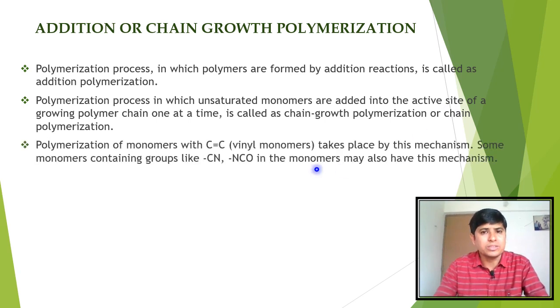Polymerization of monomers with a carbon-carbon double bond, that is vinyl monomers, takes place by this mechanism. Some monomers containing groups like nitrile or isocyanate may also follow this mechanism of addition polymerization.